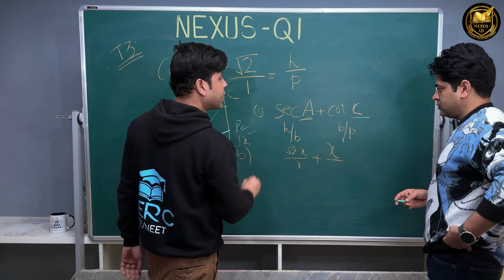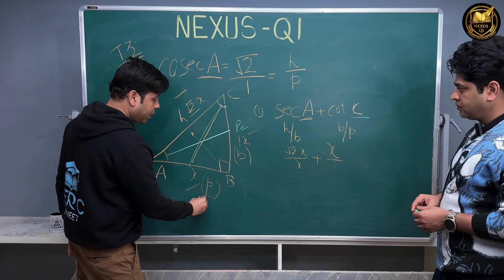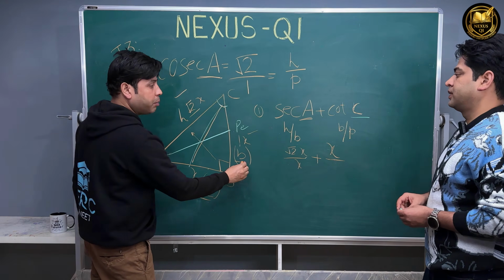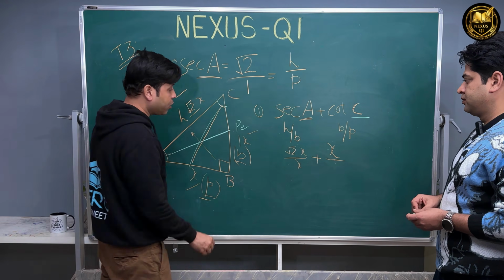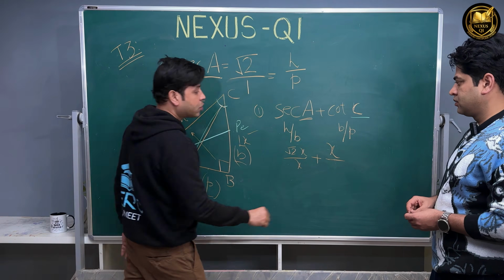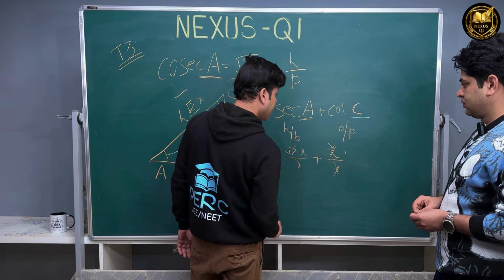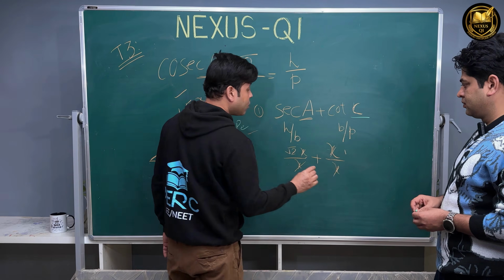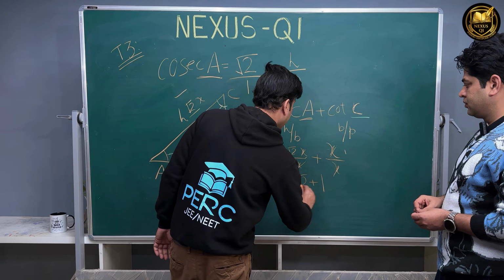Now for cot of angle C, this becomes the perpendicular and this becomes the base. It is base by perpendicular. Base is x, perpendicular is also x, so x by x, x cancels, this is 1. Here also x cancels. So our final answer is root 2 plus 1.